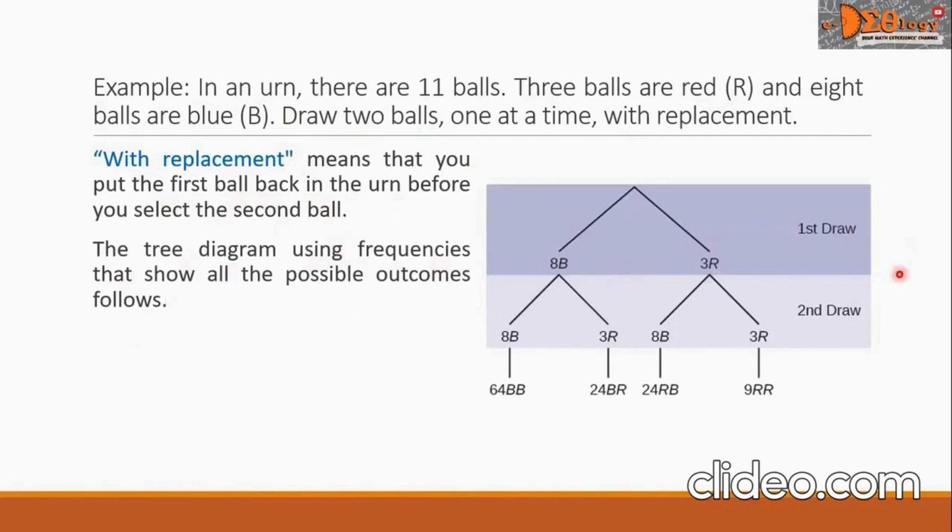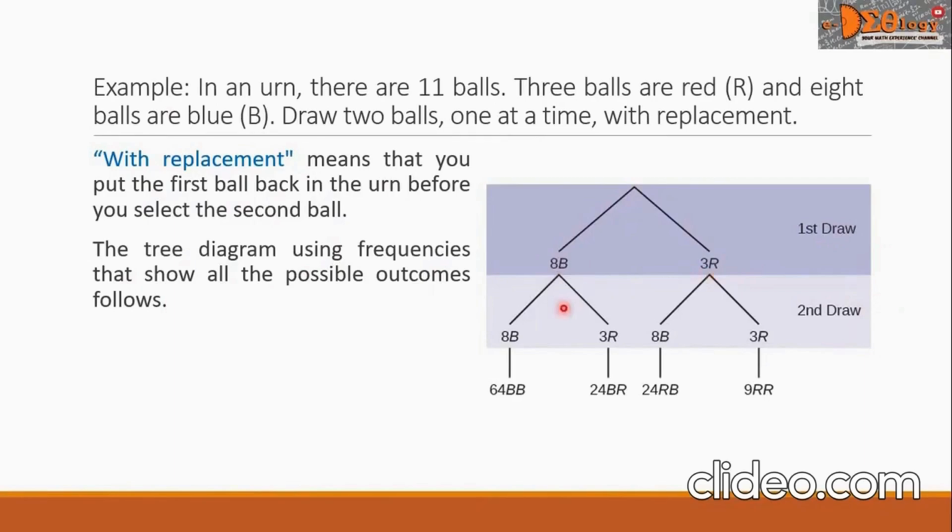This is an example of a tree diagram. This level is considered to be the first draw, where there are 2 branches. The first branch represents the 8 blue balls. The second branch represents 3 red balls. On the next level is the second draw.